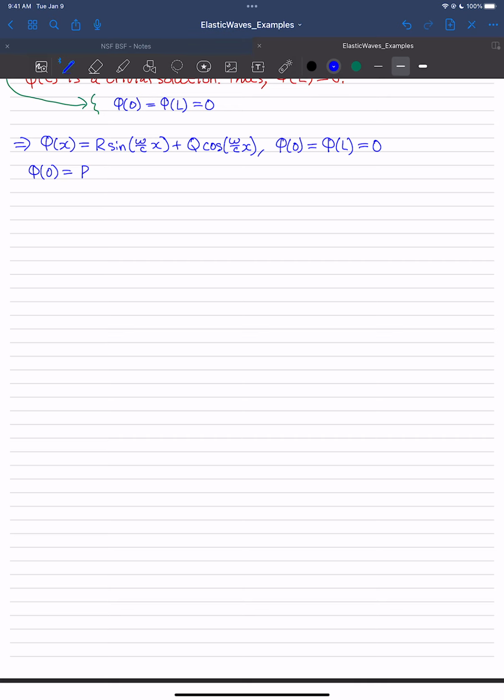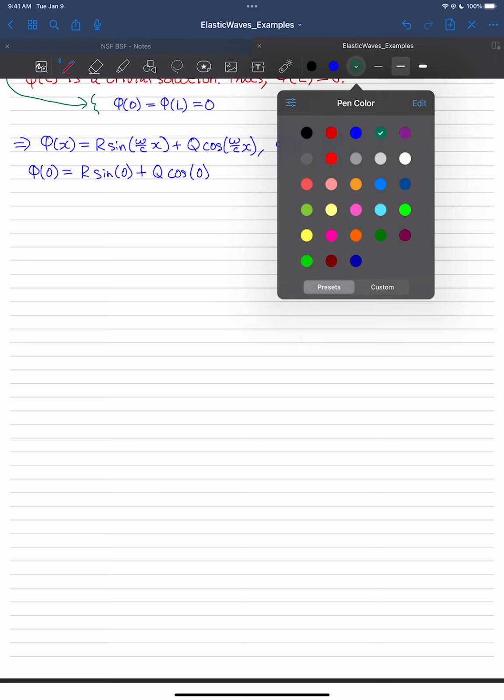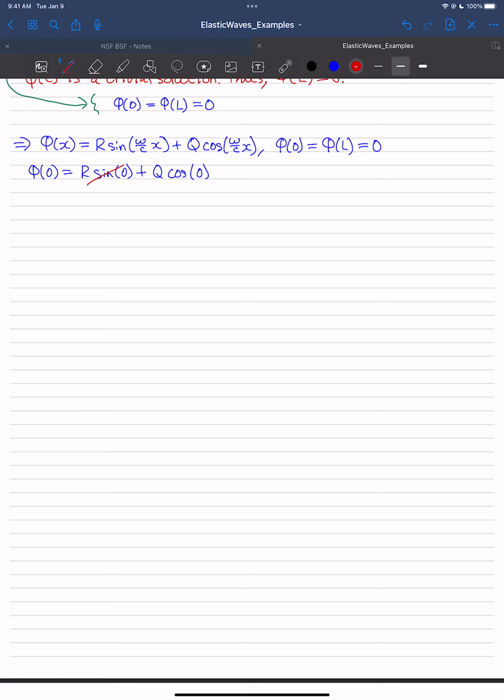So in this case, we get r times the sine of 0 plus q times the cosine of 0. The sine of 0 is 0, and the cosine of 0 is 1. So this is equal to q, and it's equal to 0. Therefore, q is equal to 0.